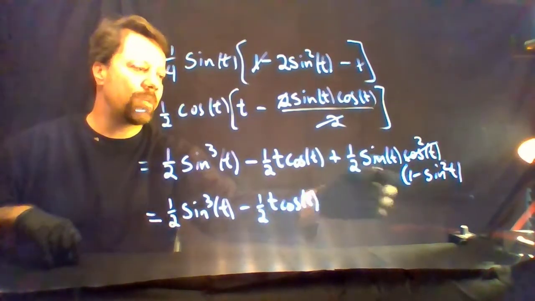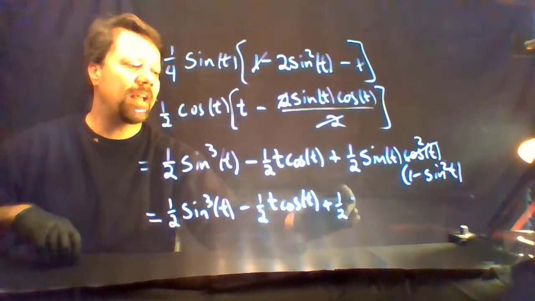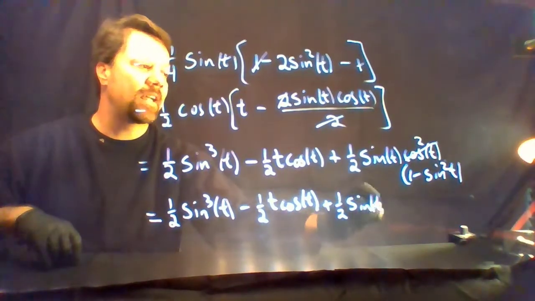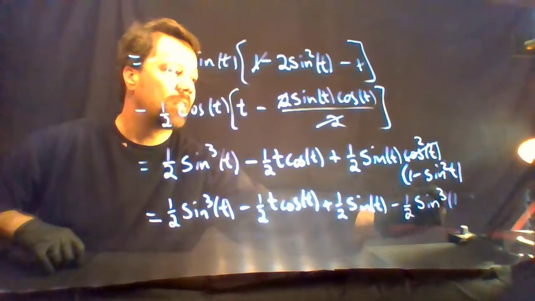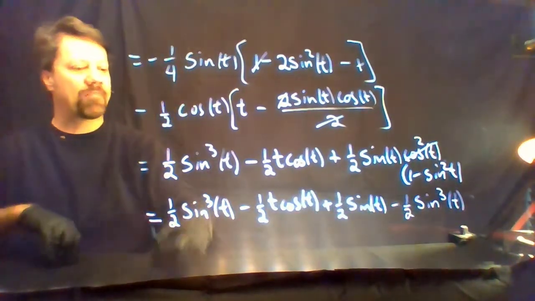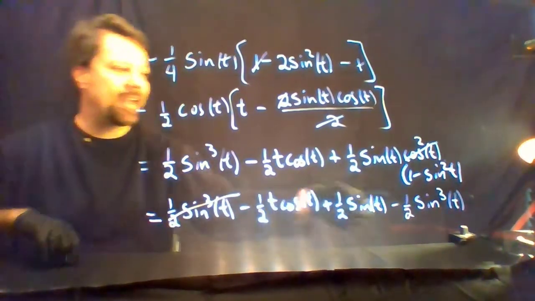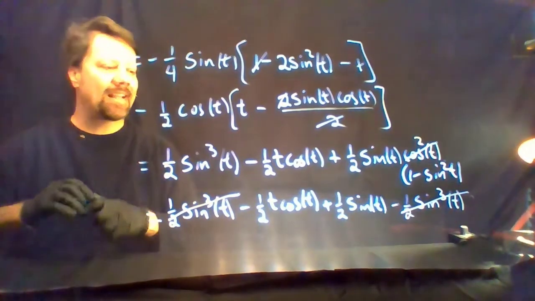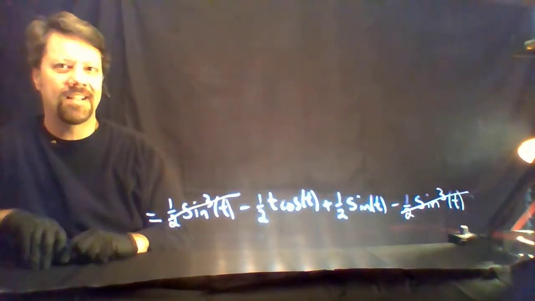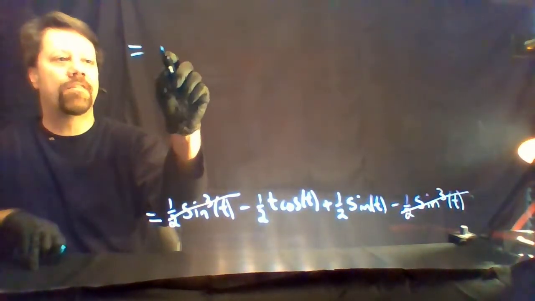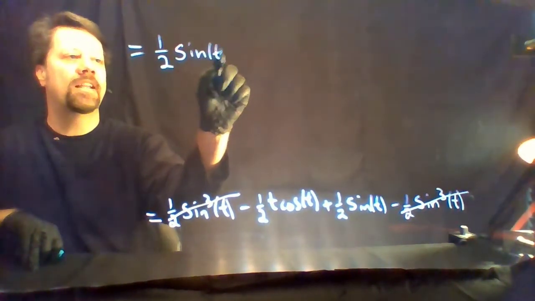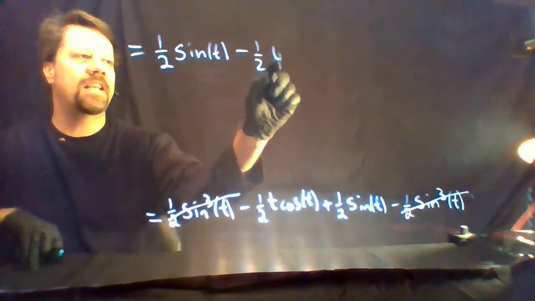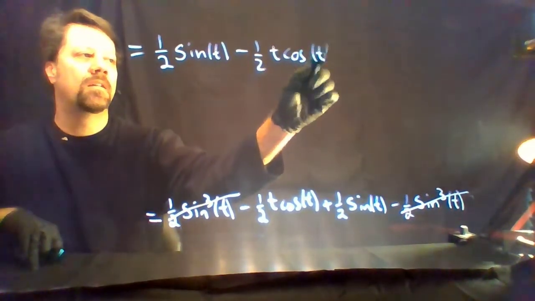When we distribute, we'll get plus 1/2 sine of t minus 1/2 sine cubed of t. This first term and the last term cancel each other out. This finally gives sine convolved with sine as 1/2 sine of t minus 1/2 t cosine of t.